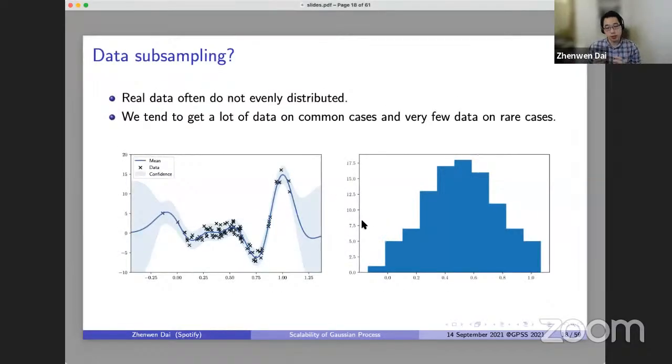And just to mimic such scenarios, I created an artificial example. This is a simple 1D regression function, and I created a lot of data in the middle and a smaller amount of data on the two sides.